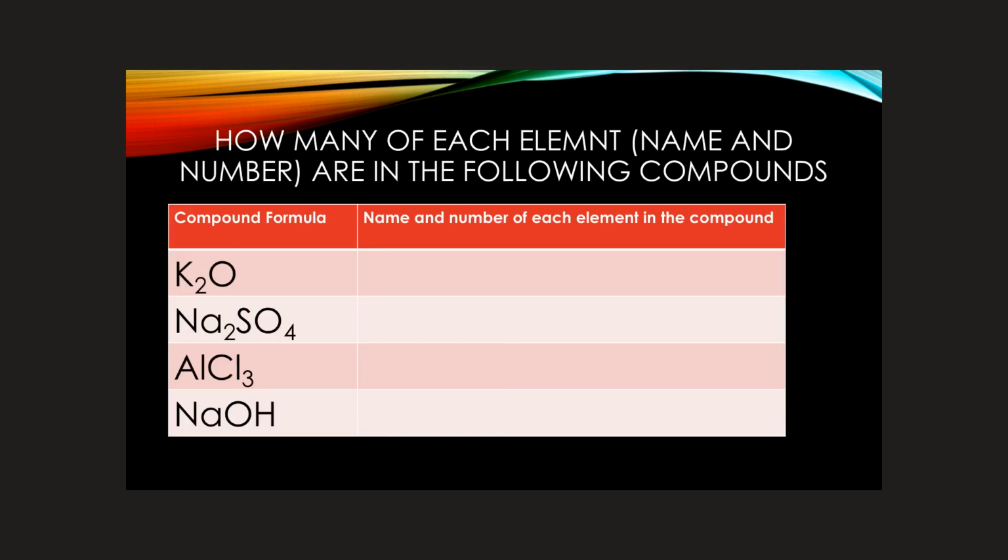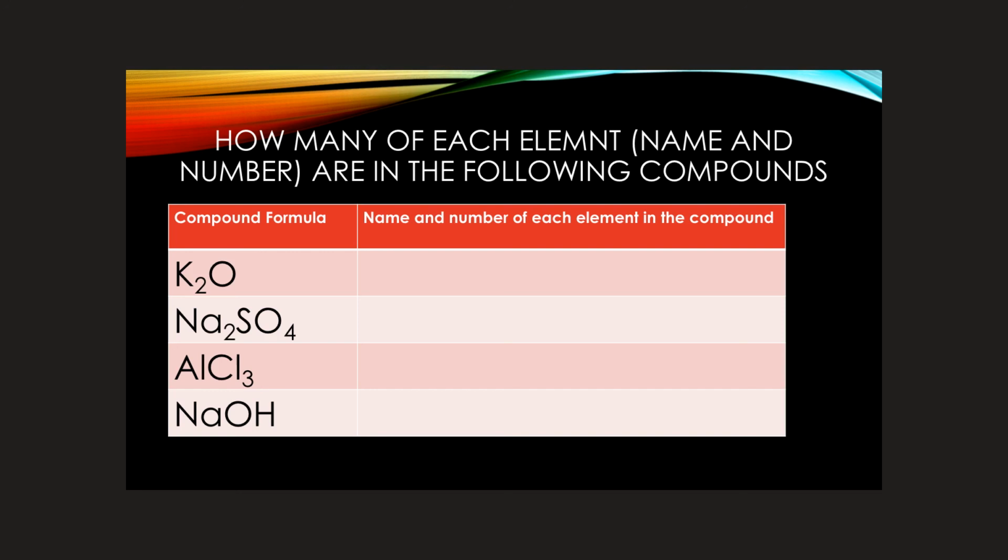Okay, so let's see if you can put it together now. What I want you to do now is write the name of each element and how many of them are in each particular compound. So you're going to look at this particular compound right here, K2O, and tell me what the elements are in there using your periodic table, and then how many of each element there are.